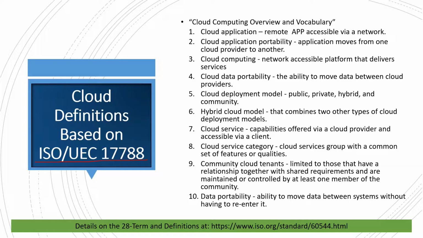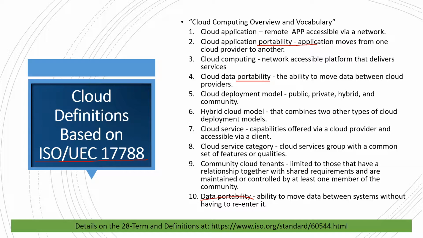Some of the items that I noticed: there are 28 definitions, terms for cloud computing. If I was to socialize them into categories, I noticed that portability is one of them, and it is used multiple times in the term definitions.